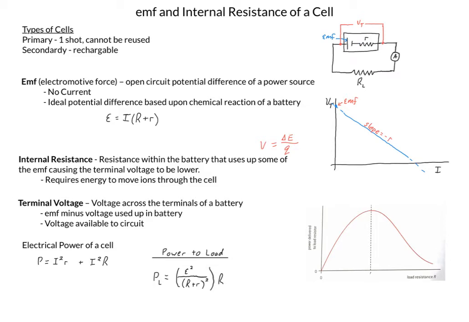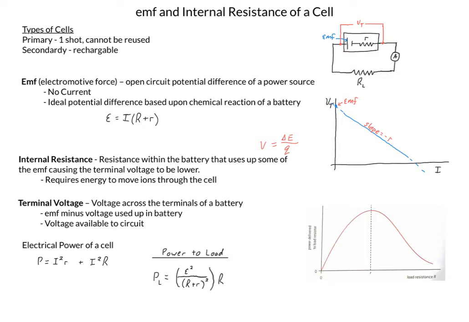Now, that internal resistor really represents the amount of energy that is used up in the chemical reaction, because not all of the potential from that chemical reaction is actually available to go out to our circuit, making the terminal voltage, the voltage of the outside part of the cell that is available to be used in our resistor, a little bit less than the EMF, what would be the ideal.